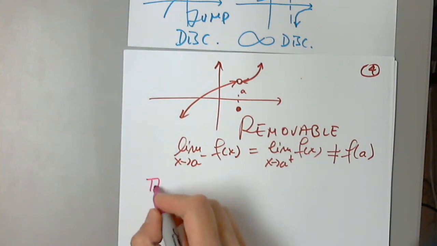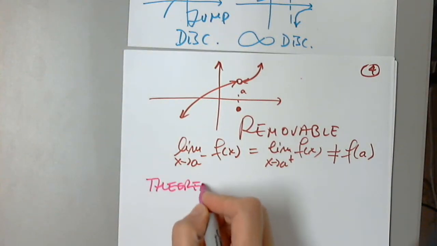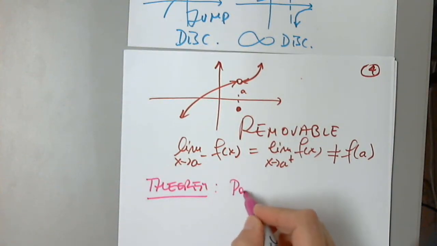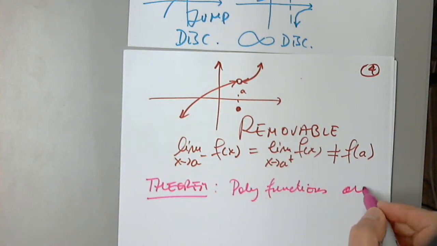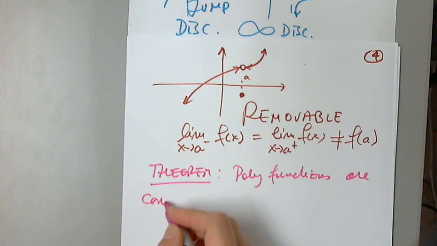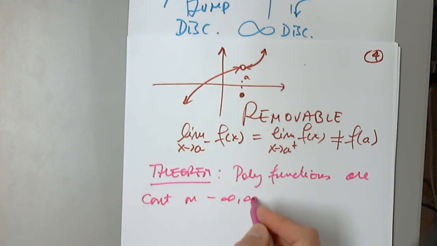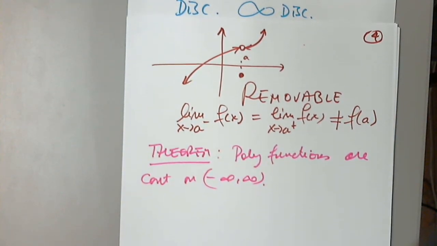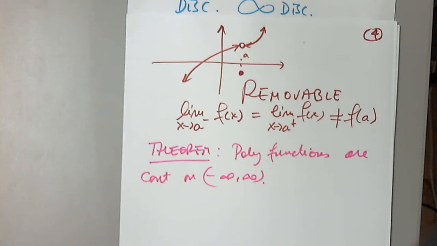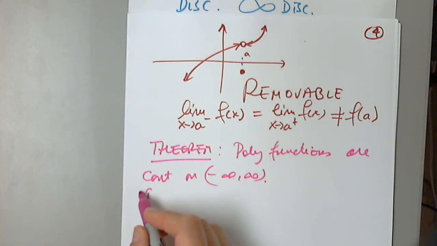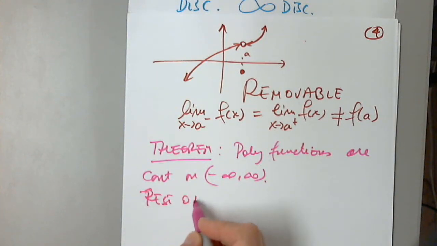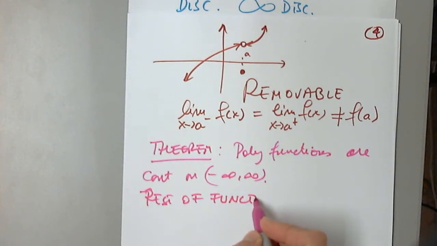So a theorem here: polynomial functions are always continuous, or are continuous on negative infinity to infinity, everywhere. Polynomial functions are the nicest. And the rest of the functions, like what?